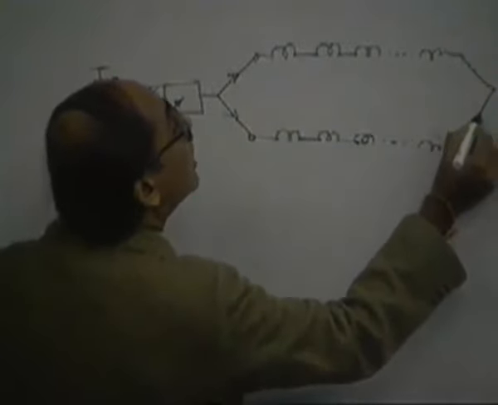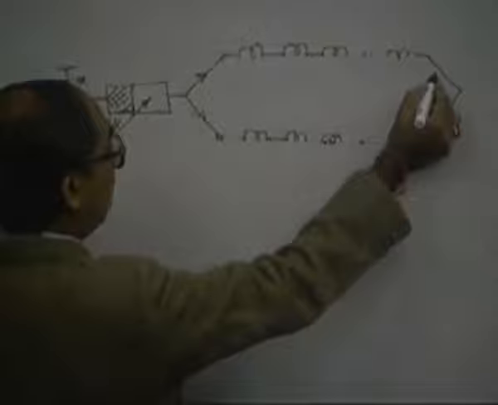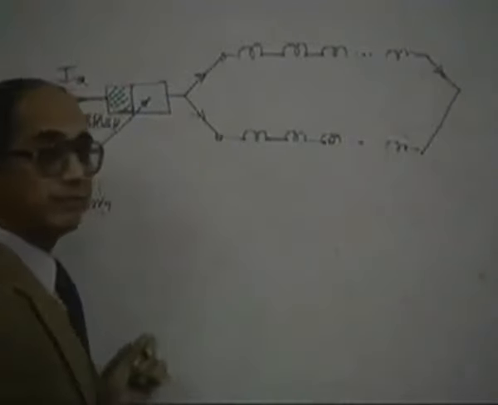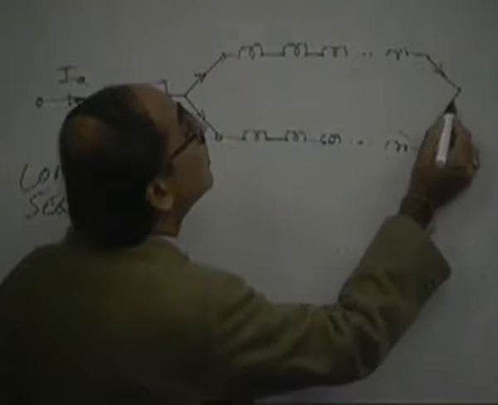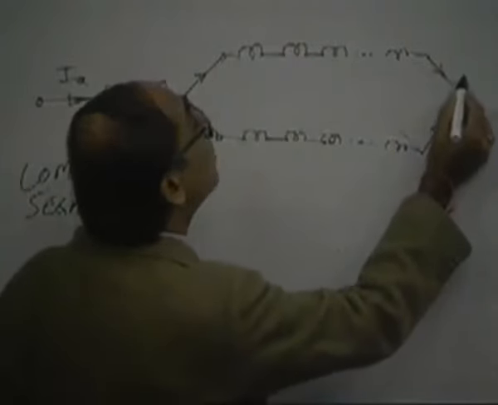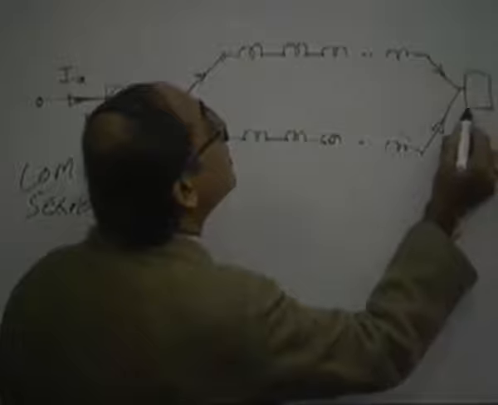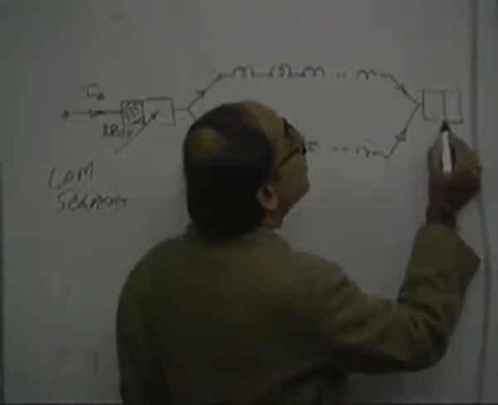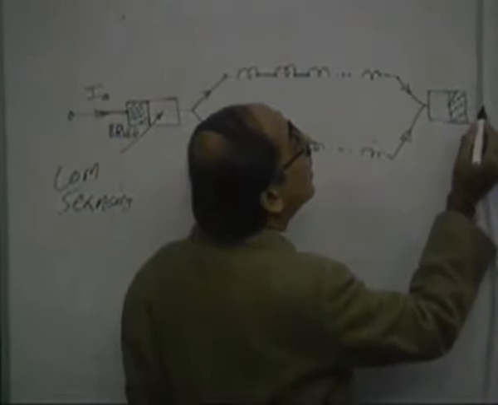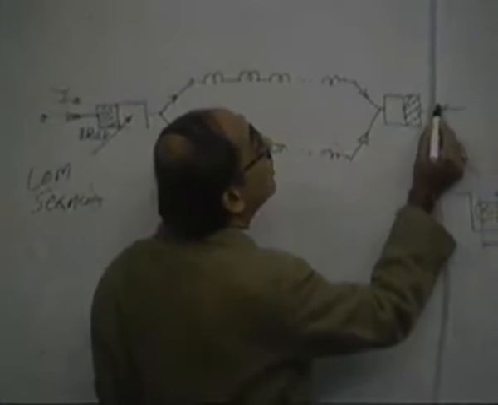And you will notice that after all this traverse through a series of coils, it comes out and then this will be connected to another commutator segment and another brush.